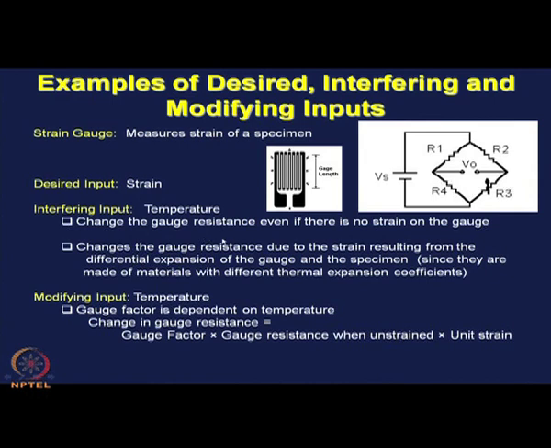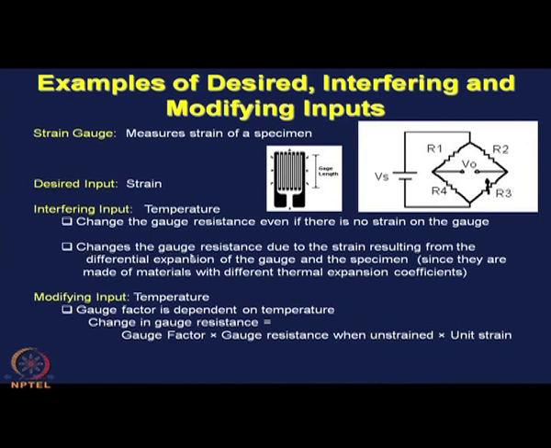Because the resistance of the wire is a function of temperature, and if there is a change in temperature in the ambient, the gauge resistance can change, which can show an unbalanced current in the circuit. So, temperature works as an interfering input.